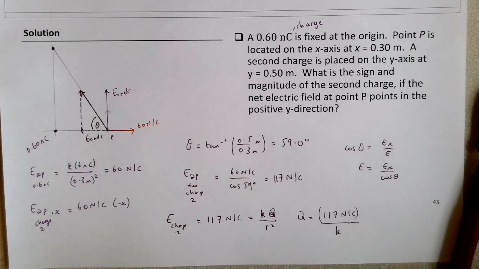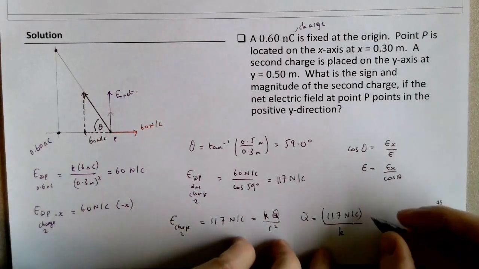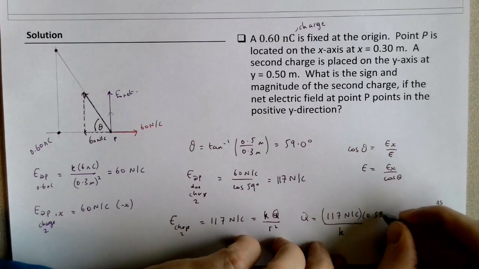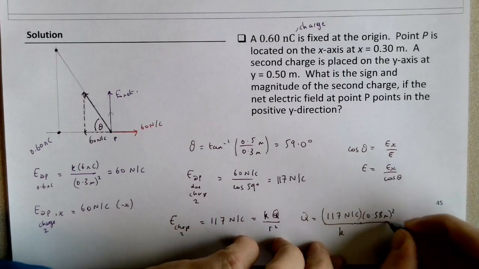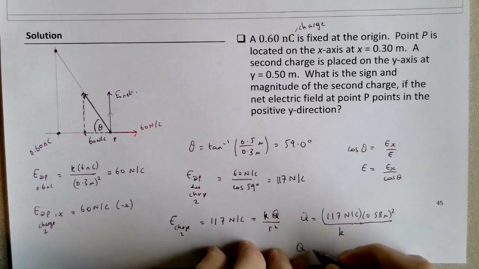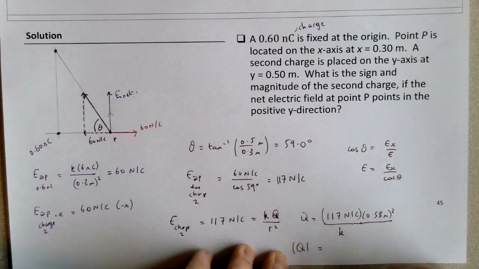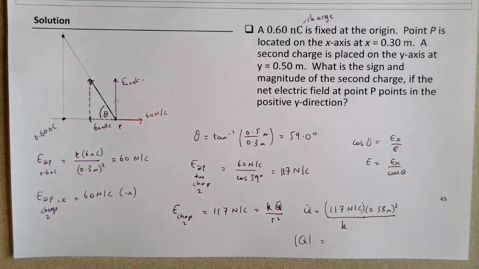I'm taking the square root of 0.5 squared plus 0.3 squared, which is 0.583, so about 0.58 meters, all squared, divided by K. The magnitude of Q is then going to be the field, 117, times that distance squared, divided by K, the Coulomb constant, 9 times 10 to the 9.